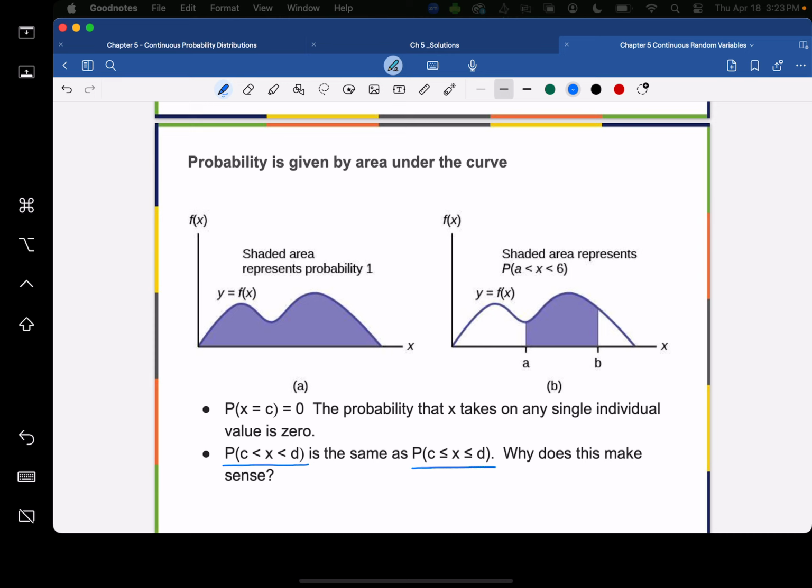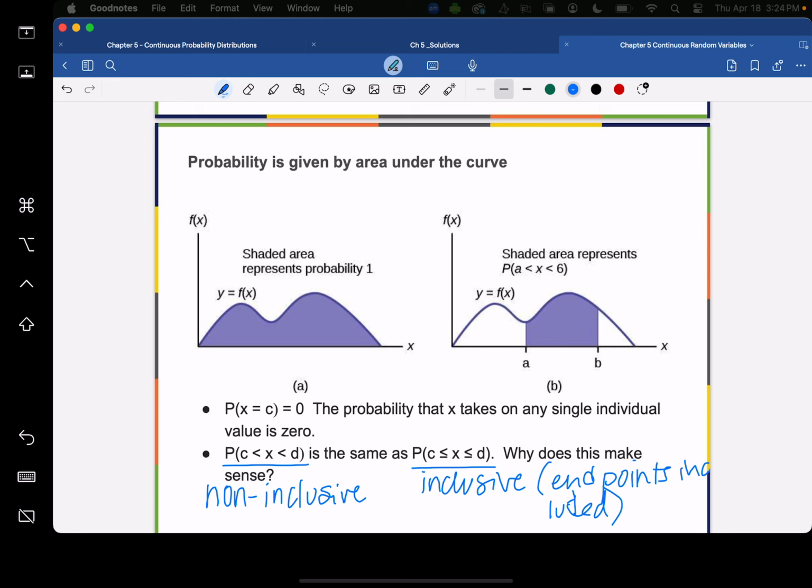It doesn't really matter if you say X is between C and D non-inclusive, and non-inclusive means the endpoints aren't included. And this means probability that X is between C and D inclusive, and that means the endpoints are included.